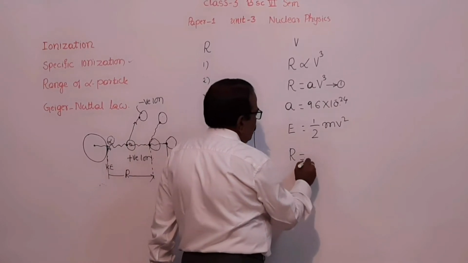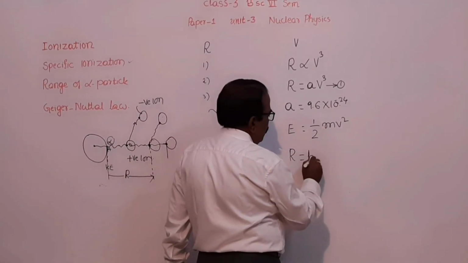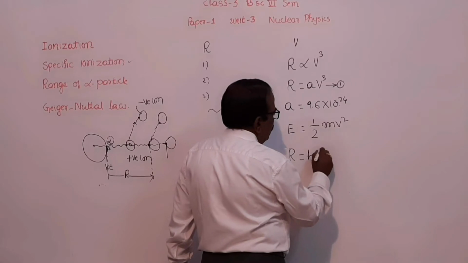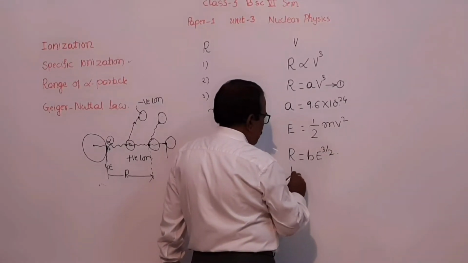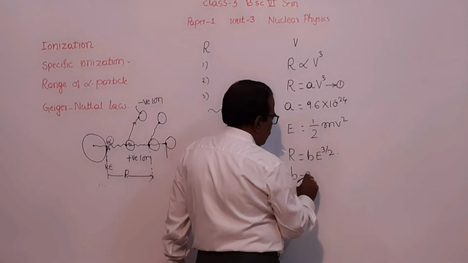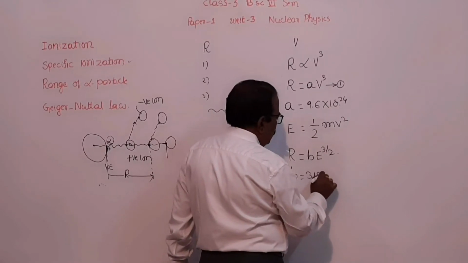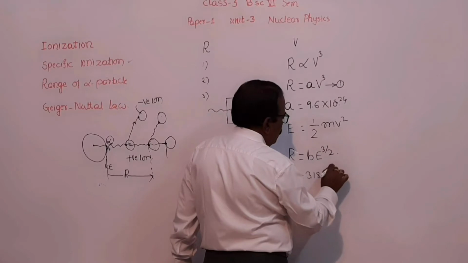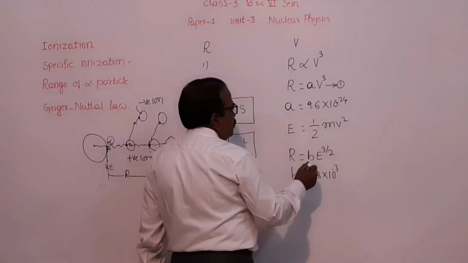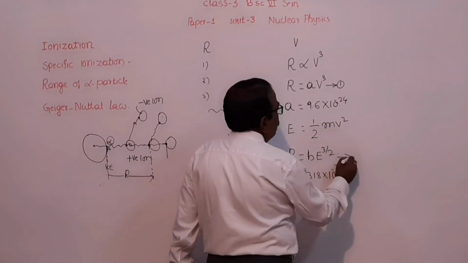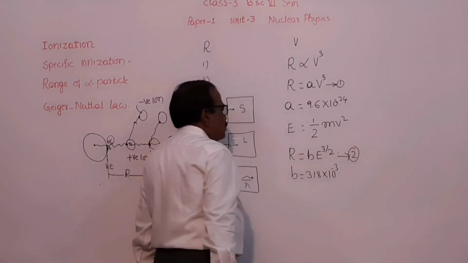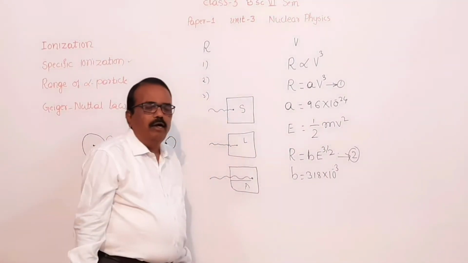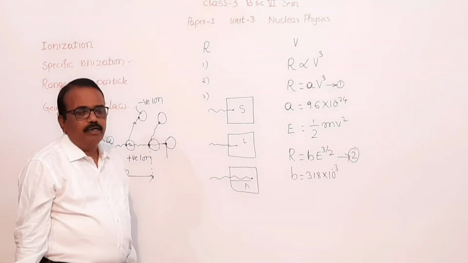R is equal to B into E raised to 3 by 2, where B is another constant. It is 3.18 into 10 raised to minus 3. So this Nuttall law gives the relation between range and energy of the alpha particle.